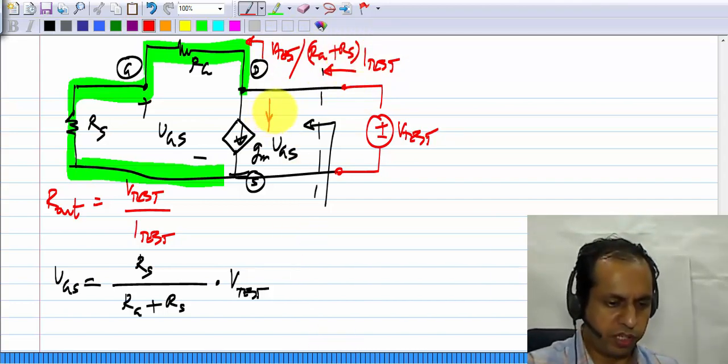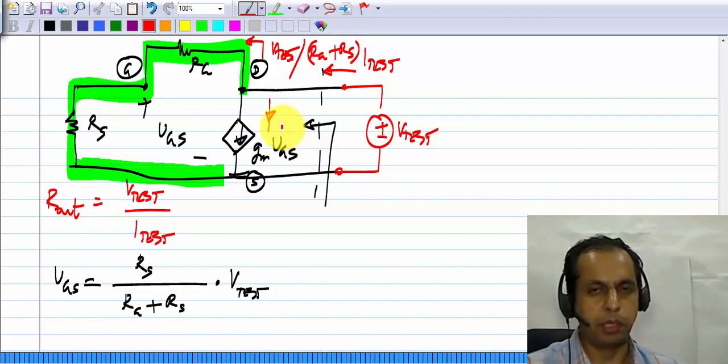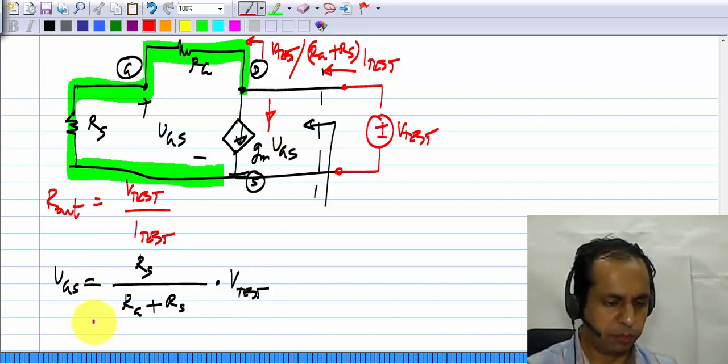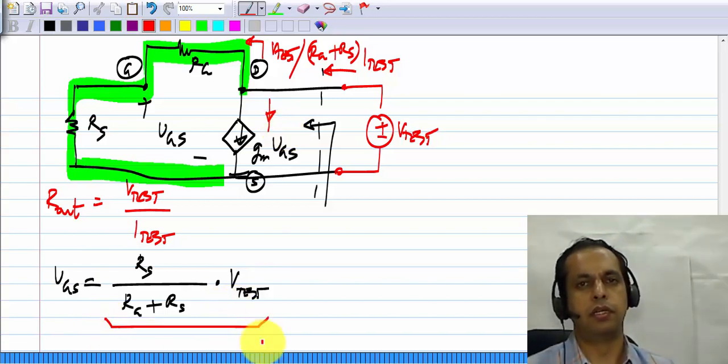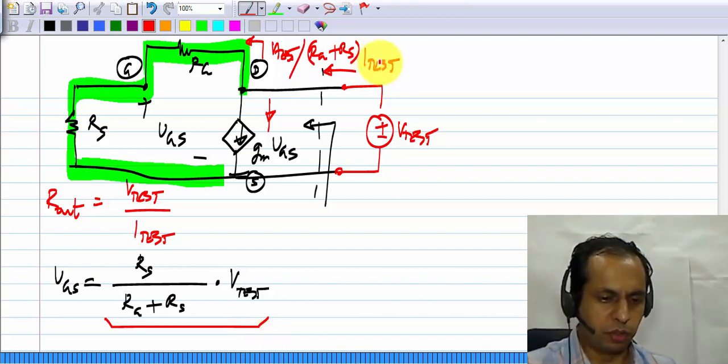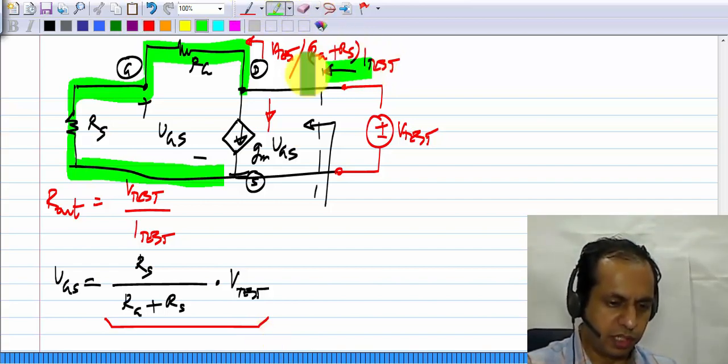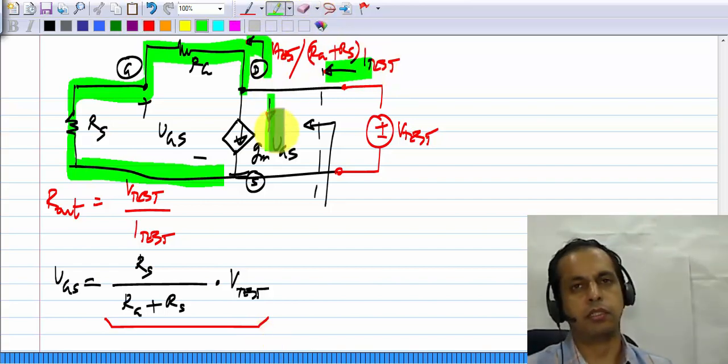And the current flowing here is gm times VGS, which is gm times this whole thing. So the total current I test equals that one plus that one.